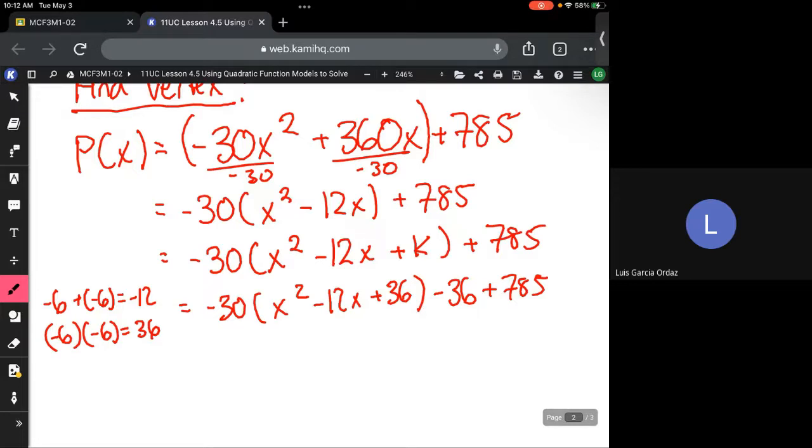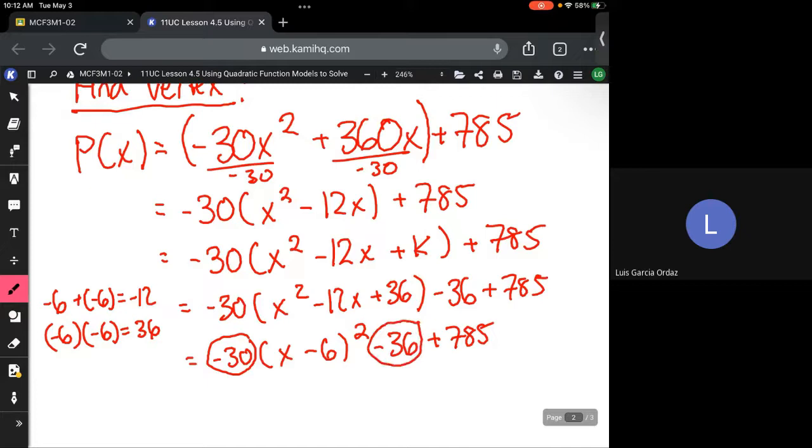Sarah? Yep. So it's going to be negative 30 times x minus 6 squared minus 36 plus 785. When we have a number outside of the bracket, what do we have to do with this negative 36? Multiply it.